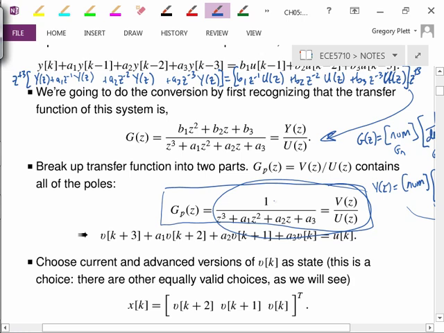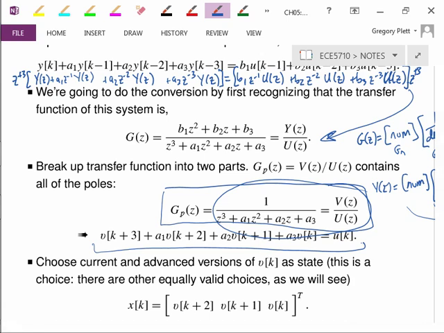And with that transfer function, I can unwrap it. Again, I get a difference equation back, and here is that difference equation. So v of k plus 3 plus a1 v of k plus 2 plus a2 v of k plus 1 plus a3 v of k is u of k. Now this is not voltage, this is just some generic variable v that is our intermediate variable for this example.